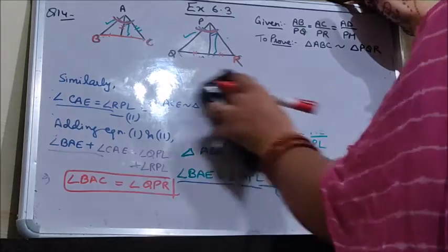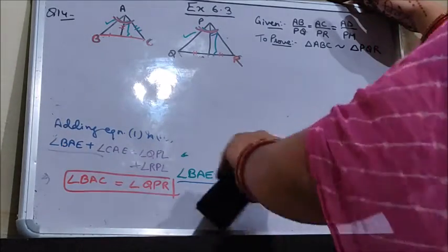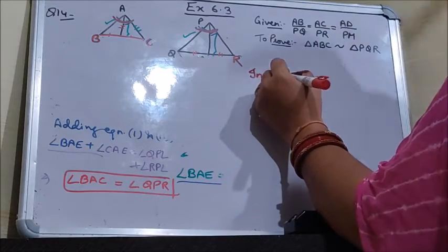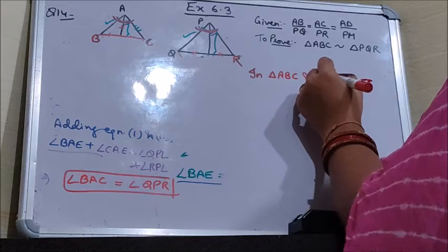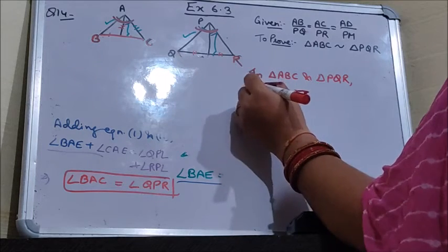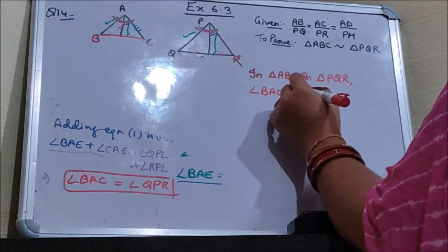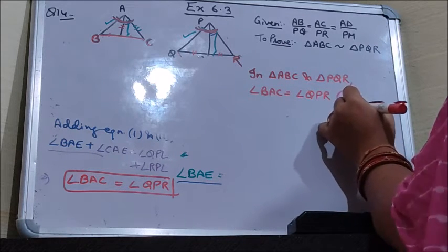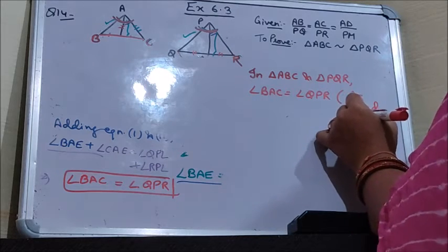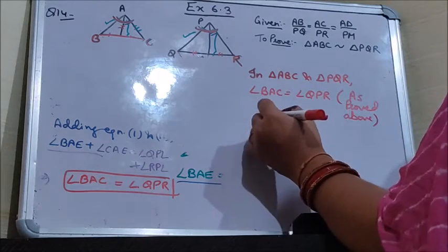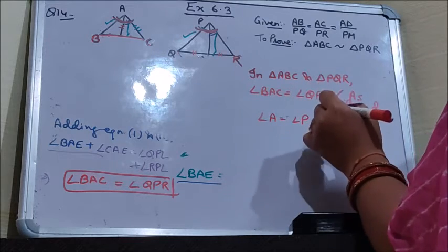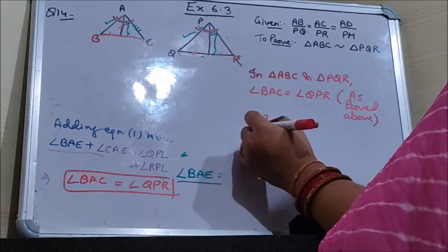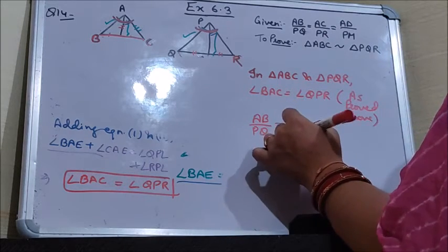So now you can write at last: in triangle ABC and triangle PQR, angle BAC is equal to angle QPR as proved above, and AB upon PQ is equal to AC upon PR, given.